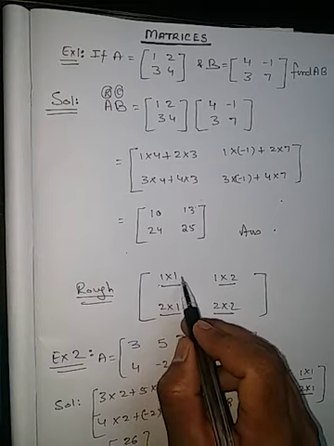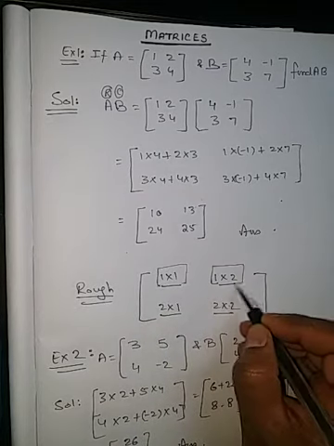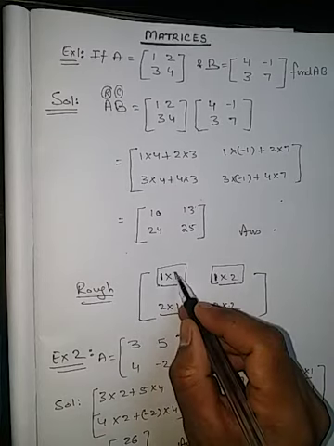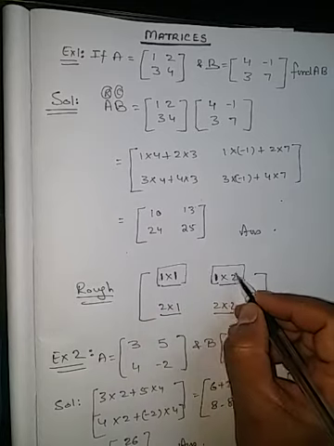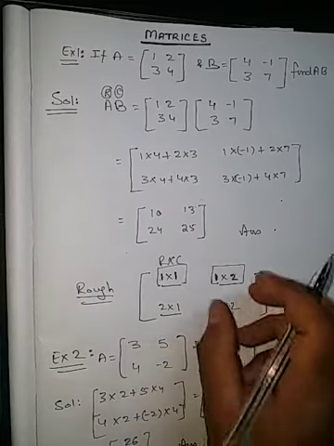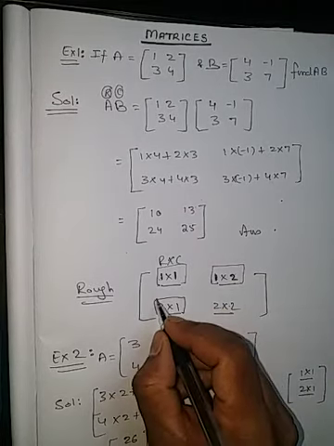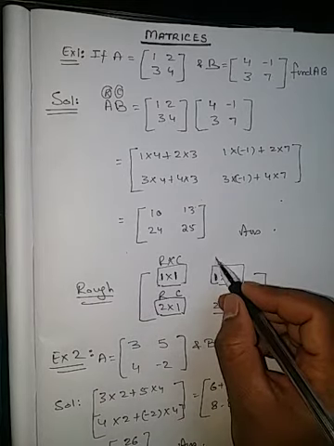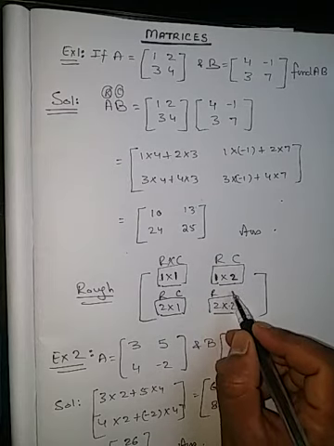Write row into column according to location. Sorry, this is first row, first column, this is first row, second column. Now see, this is second row and first column, and this is second row and second column.